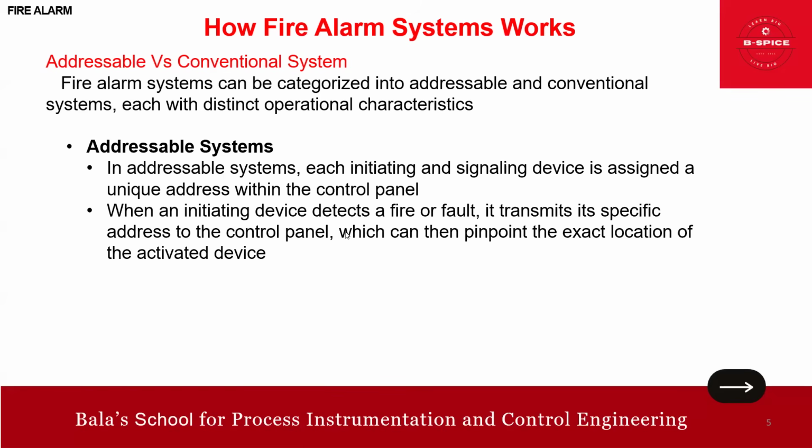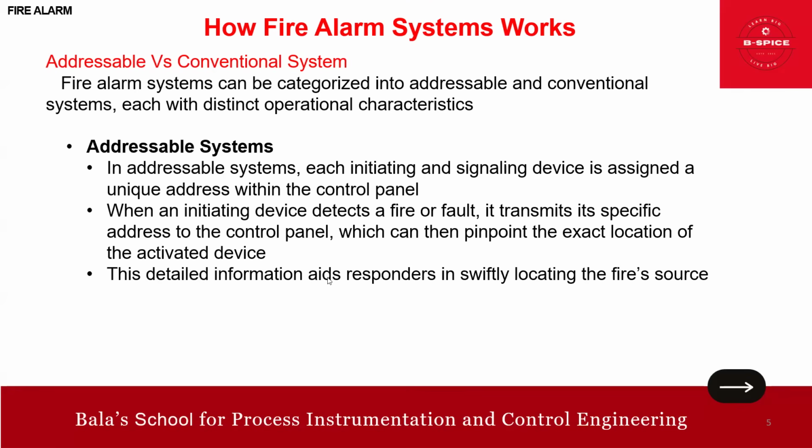So when an initiating device detects a fire or fault, it transmits its specific address to the control panel, which can then pinpoint the exact location of the activated device. So that is the point. The detailed information aids responders in swiftly locating the fire source.